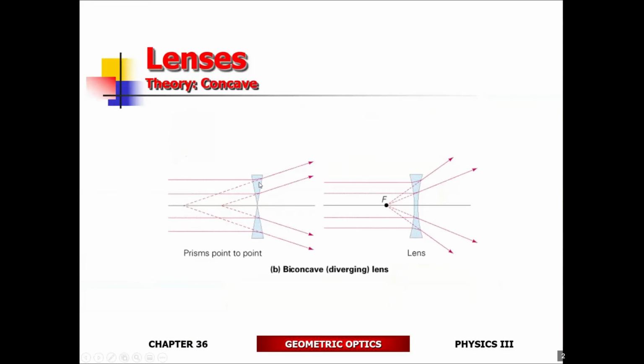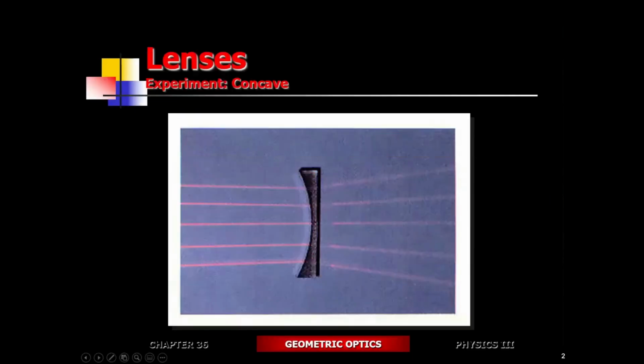Or we can have concave lenses. Once again, you can take a prism and shape it into a concave lens in this case. As a result, the refracted rays will diverge. If you take the diverging rays and extend them into the space in front of the lens, notice that it's going to look like they're emanating from a point, which is known as the focal point.